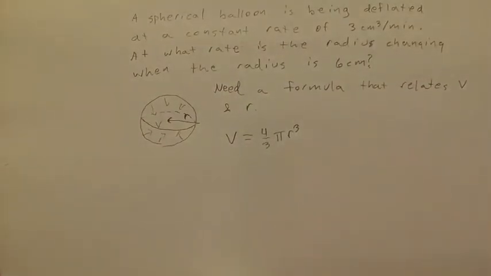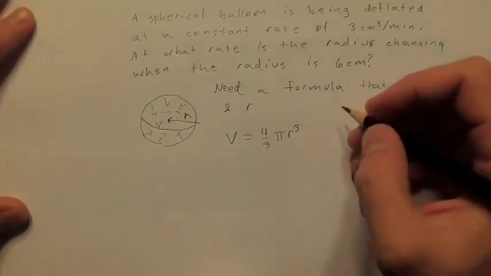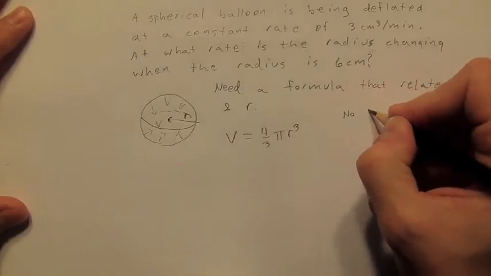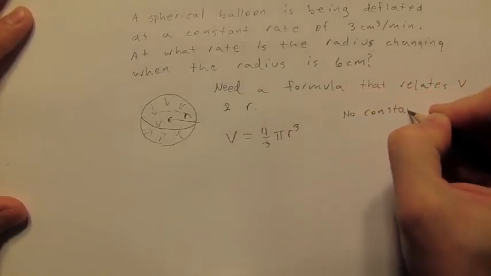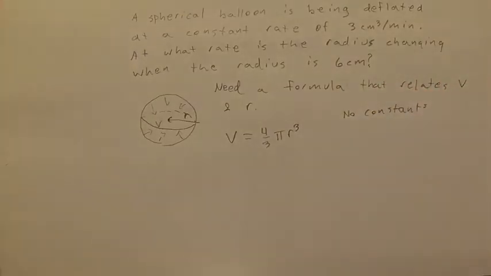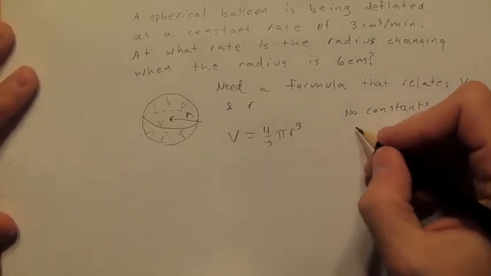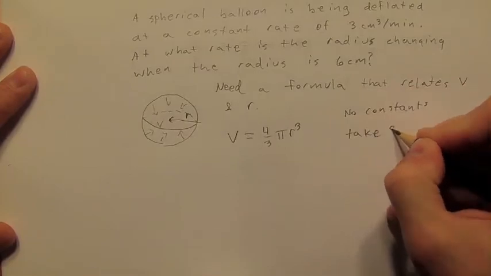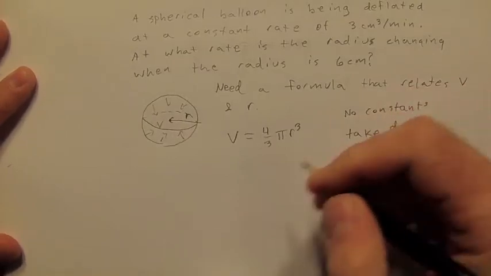Right? There are no constants to speak of here. Because the radius is varying, the volume is varying. Those are the only 2 things we're looking at. So everything is changing. There's no constant to fill in. So we're just going to take the derivative. We're just going to use implicit differentiation.